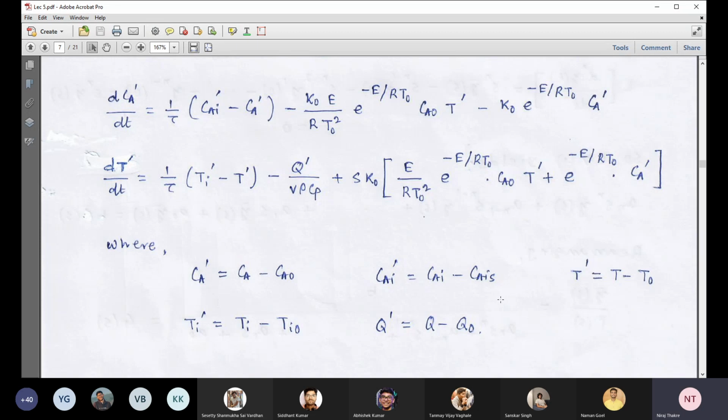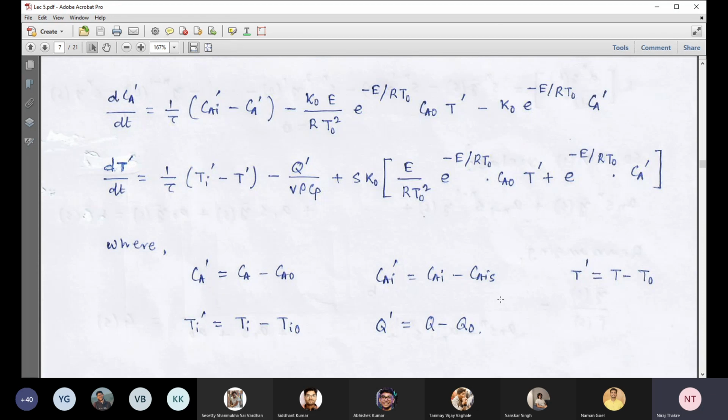I repeat, we have started how to linearize the nonlinear model, and finally we can represent it in terms of deviation variables. But it is not indicating that all the time you linearize the nonlinear model of the given system and go for control. Okay, because this is quite an old concept.